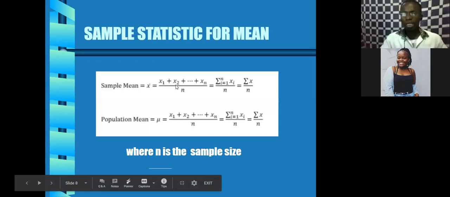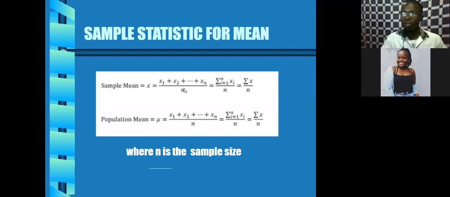So how do you calculate it? Remember we said that you add all the variables that you have and then divide by the number of those variables. So you have x1 plus x2 plus so on up to the last variable, and then divide by the total number of the variables. It is basically the same calculation even when you're looking at the population mean.